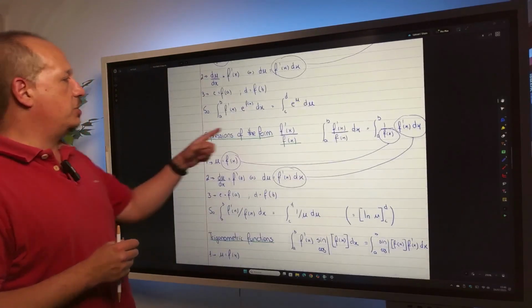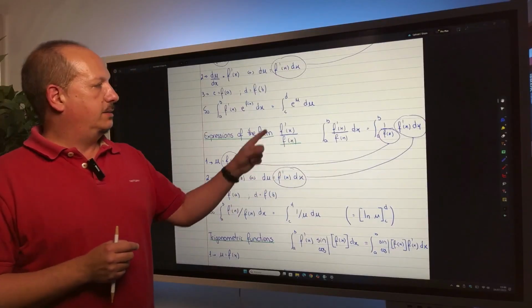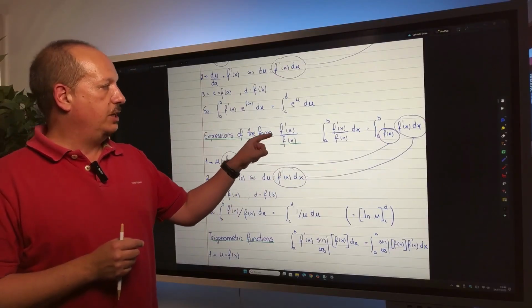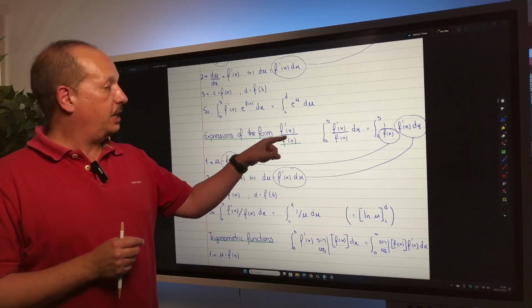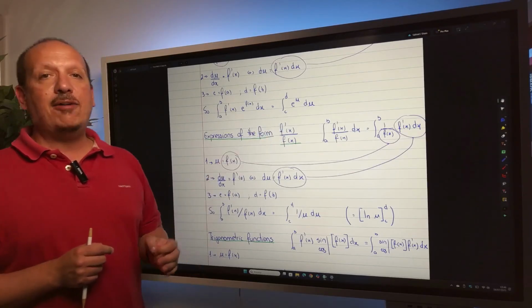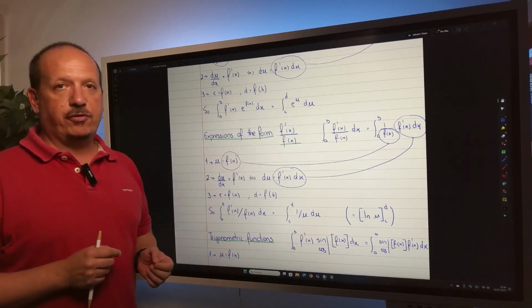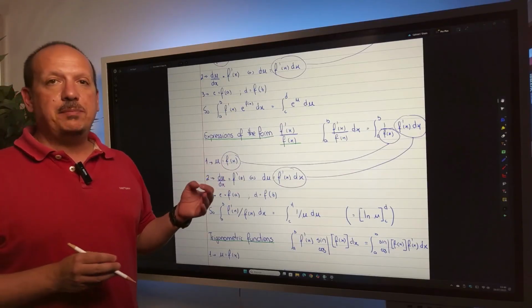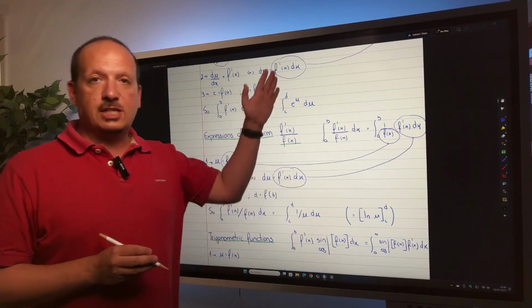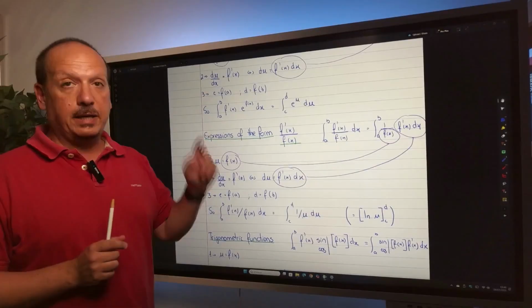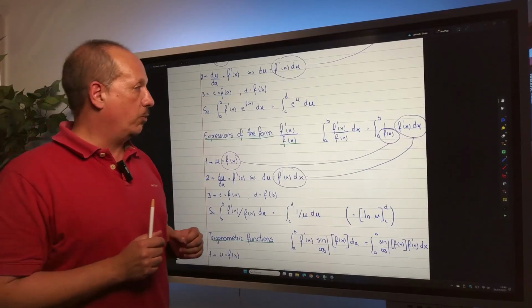What if you have expressions of the form, and you have here what? You have a fraction. In the denominator, you have a function. And in the numerator, you have the derivative of that function. Or something that can be easily transformed into it, just like I explained in the example before.